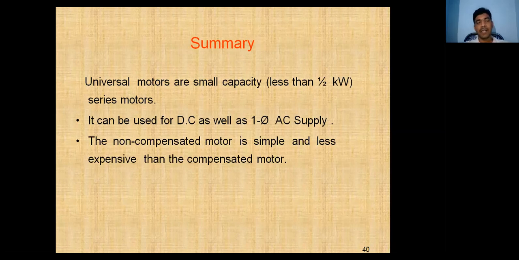But the characteristics are not as good as the compensated type motor. In the non-compensated type motor only a concentrated, single field is used, for low power ratings. But in the compensated motor, we can use a compensating winding, so a distributed field is there. It is used for high power ratings.